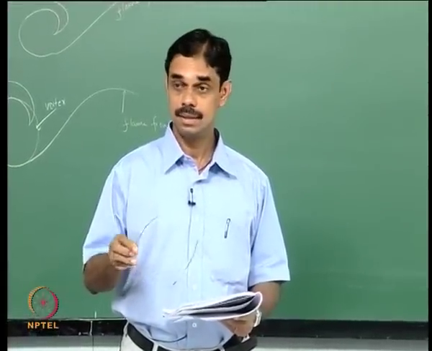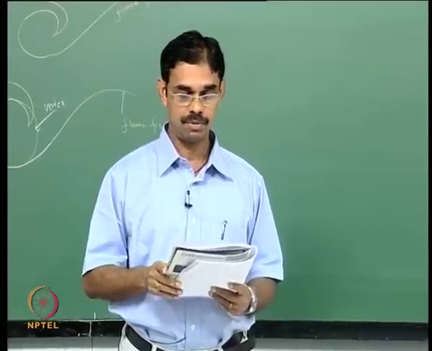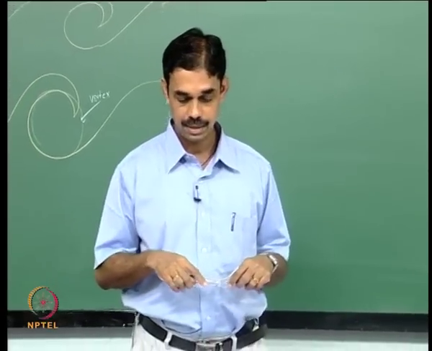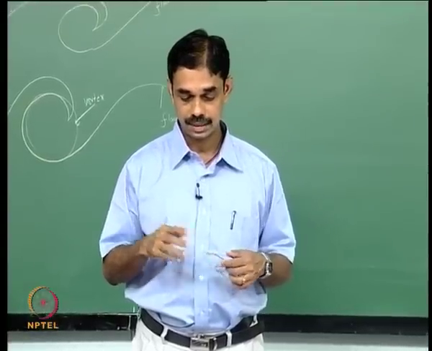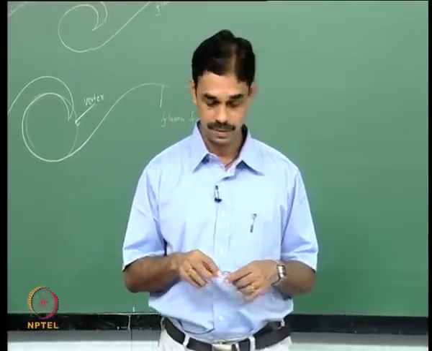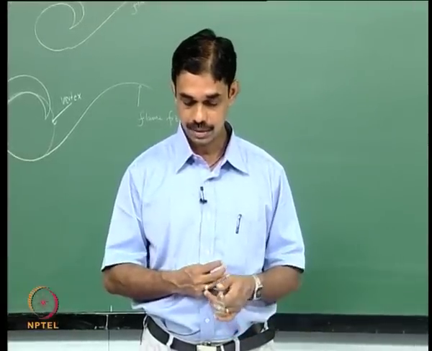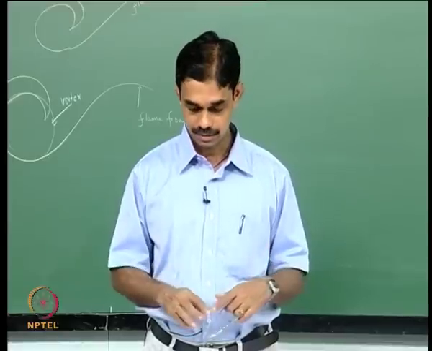Okay, so in dump combustors or combustors with bluff body flame holders, vortices are formed in the shear layer between the high speed and low speed streams, let us say at the rearward facing step or backward facing step, which is called the dump combustor, or in the wake downstream of the bluff body. A bluff body can be used as a flame holder.